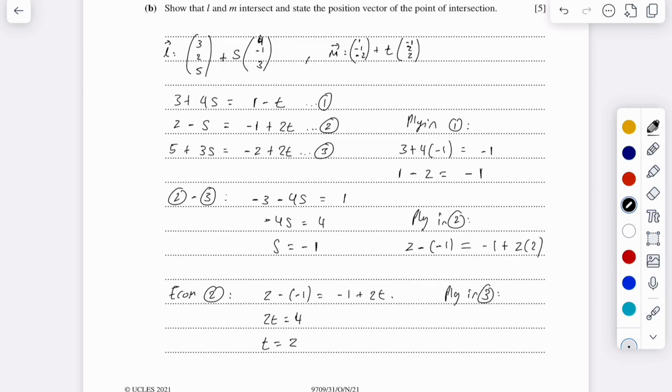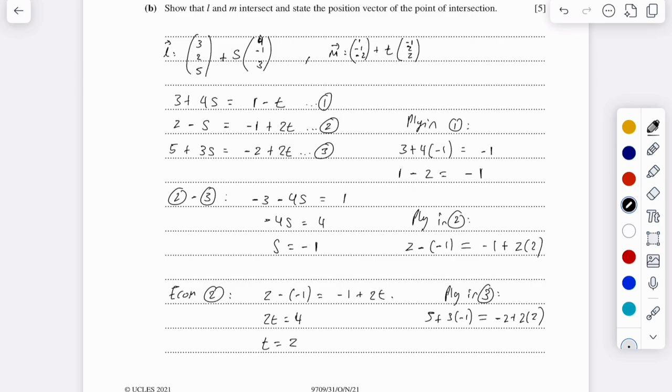And then plug in to equation 3. 5 plus 3 times minus 1 is going to equal minus 2 plus 2 times 2. So 2 equals 2.